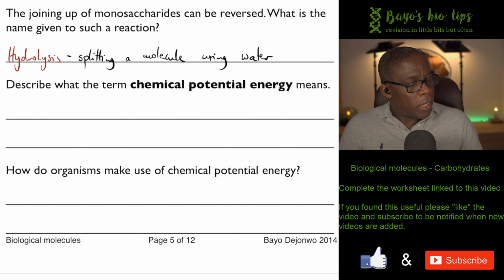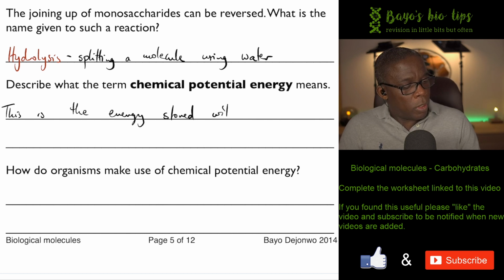So what is chemical potential energy? You've probably come across potential energy in physics. This is slightly different. So chemical potential energy is the energy stored within the bonds in a molecule.